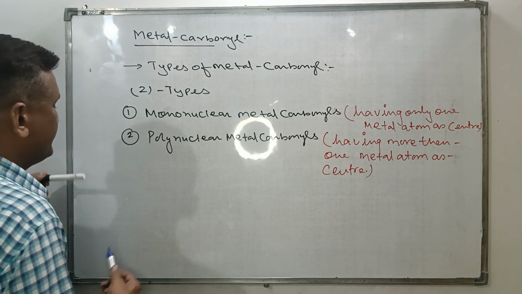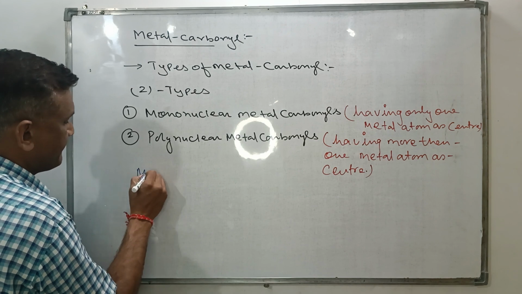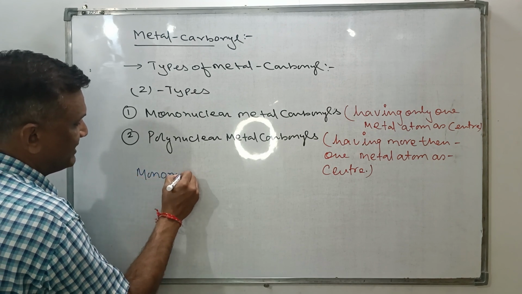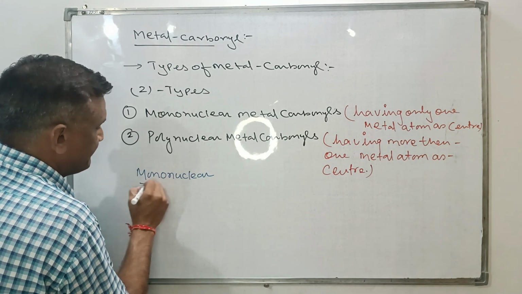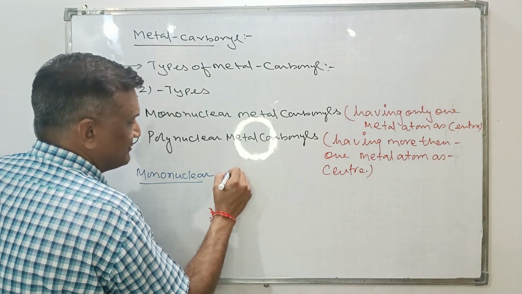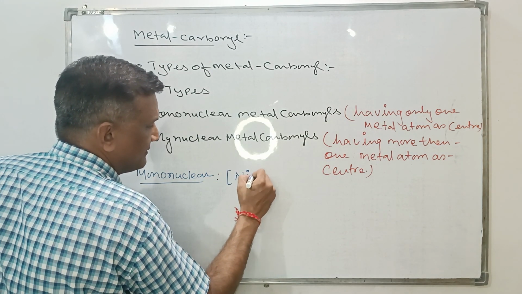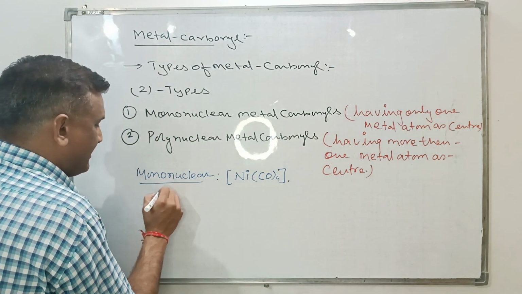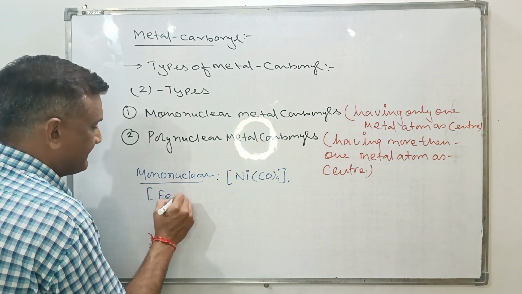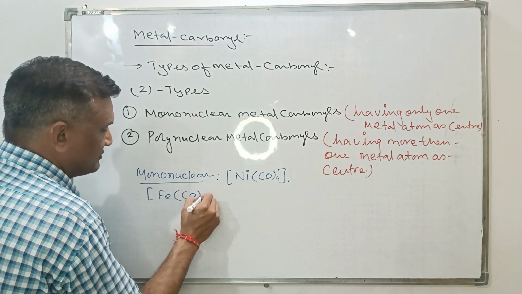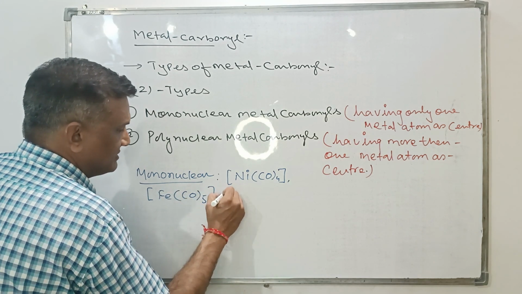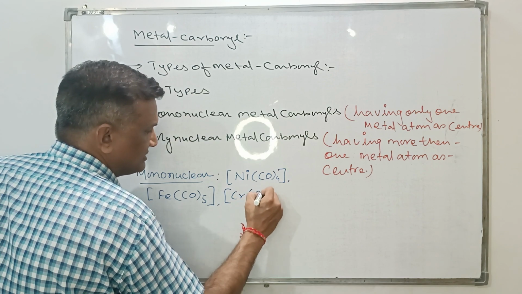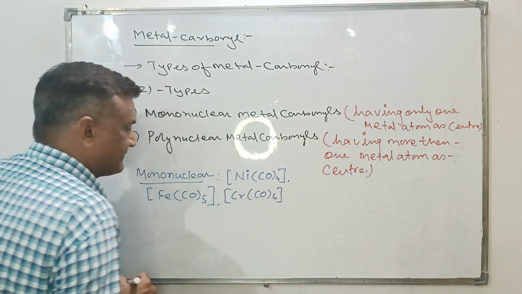As mononuclear, we can take the example of Ni(CO)4 having only one central metal atom, Fe(CO)5, Cr(CO)6.